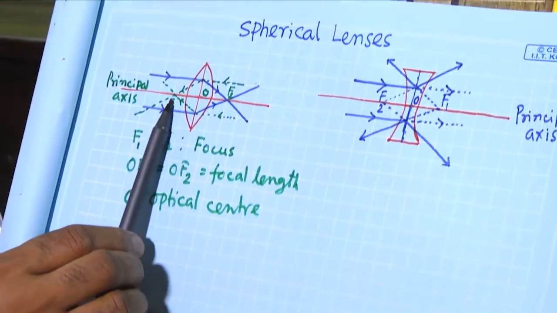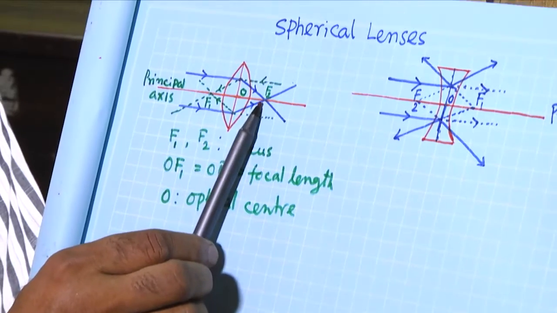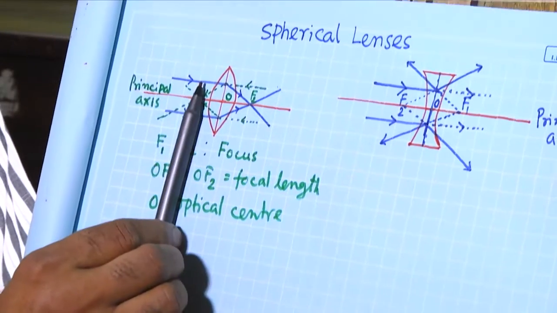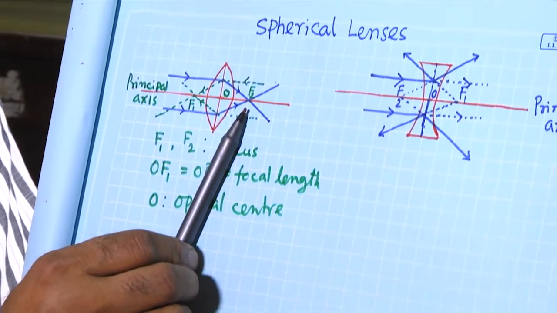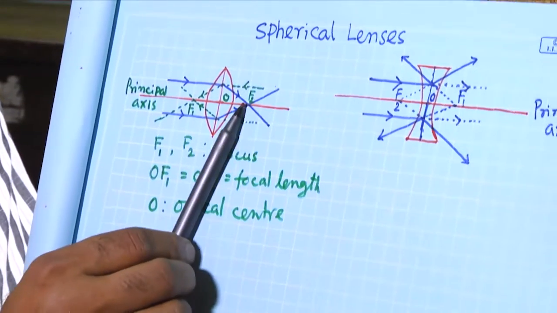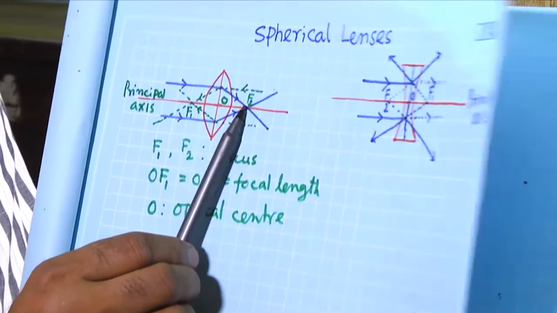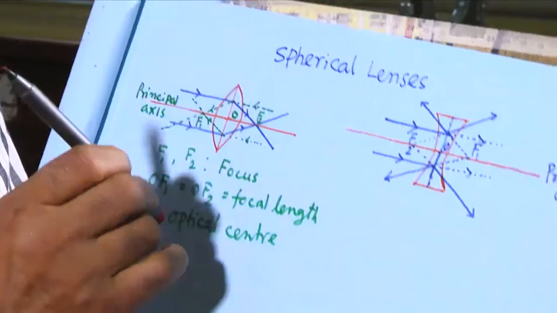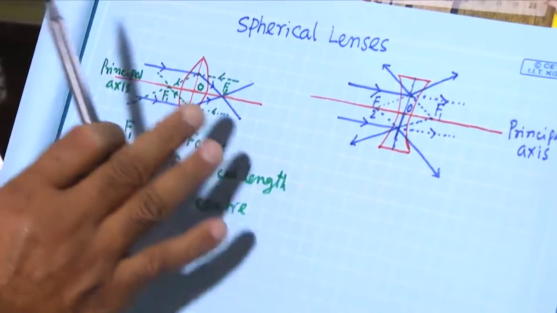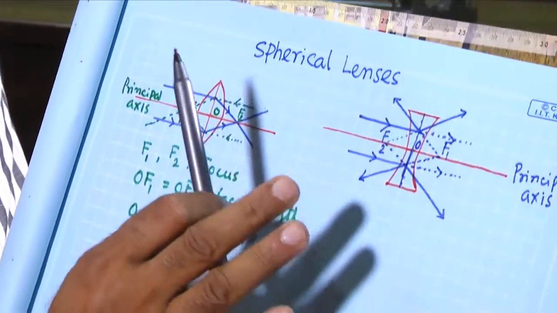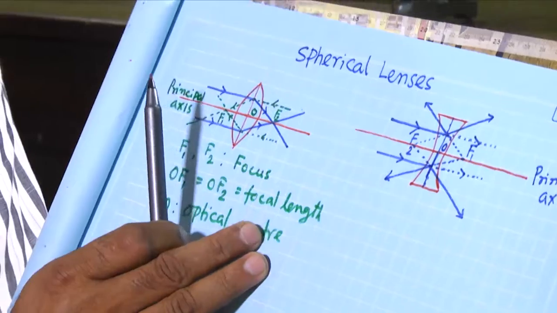The secondary focal length is when parallel rays fall on this lens and the refracted rays pass through a point on the principal axis. That is how we generally define primary and secondary, but I do not think it has much importance.